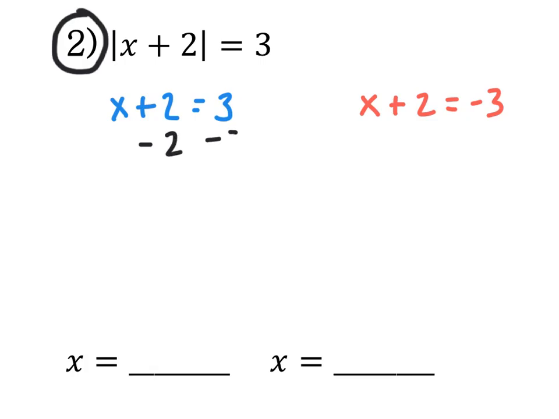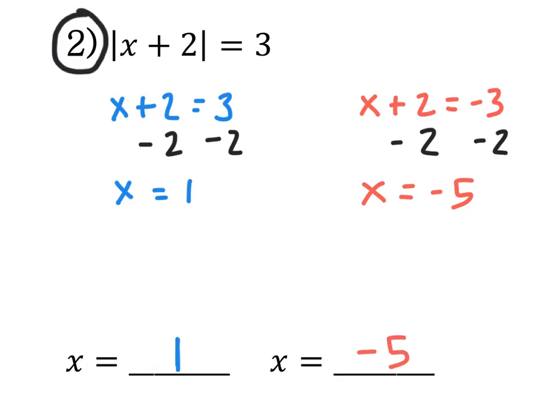Subtract 2 from both sides. x equals 1. Or, again, subtract 2 from both sides. x equals negative 5. So x equals 1 or negative 5.